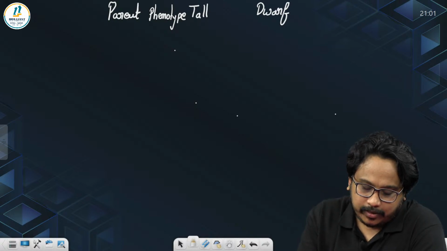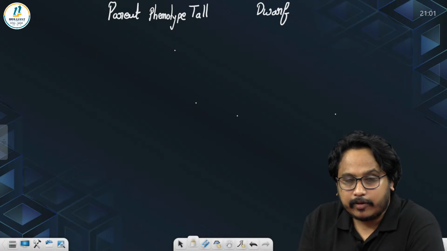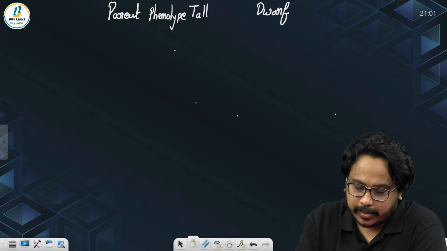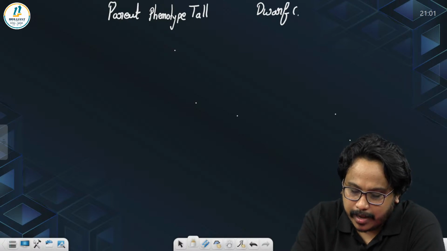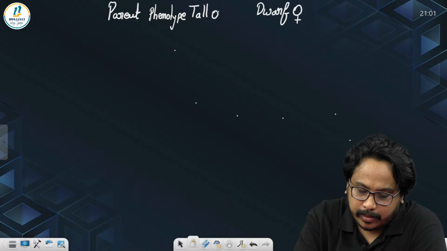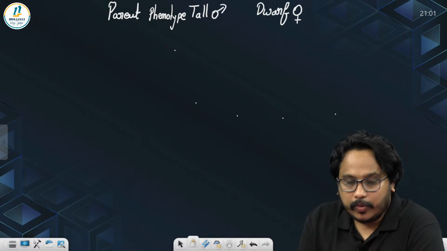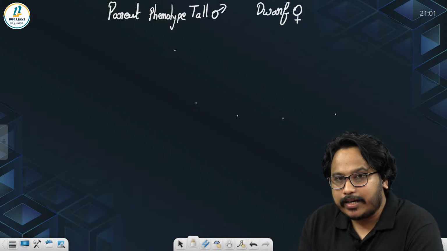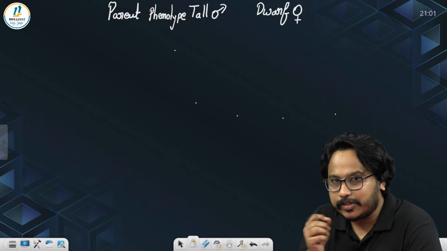So here, with the pure breeding tall and dwarf, he was conducting a cross. He considered one plant as the female and one plant as the male parent. In order to get accurate results, he focused on certain things.